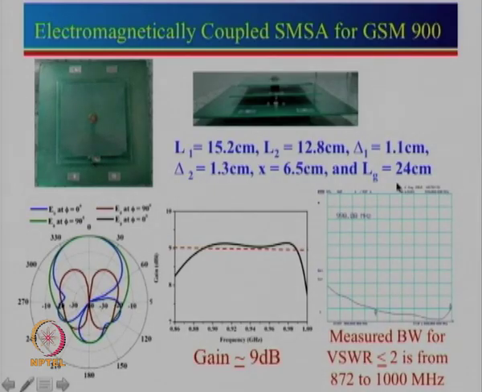And the ground plane size is taken as 24 centimeter. So, everything is square. All top, middle and the bottom ground plane, they all are square. So, these are the dimensions which we had chosen. Now, in order to do the design, we know the frequency is 890 to 960.